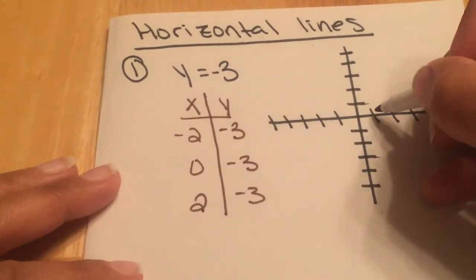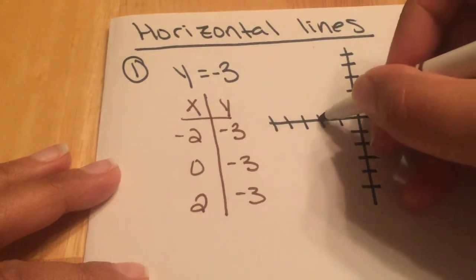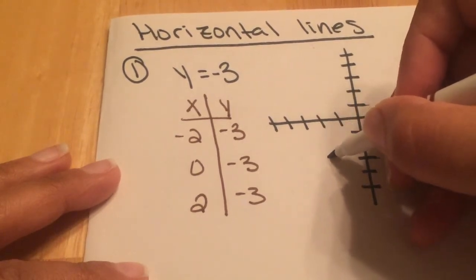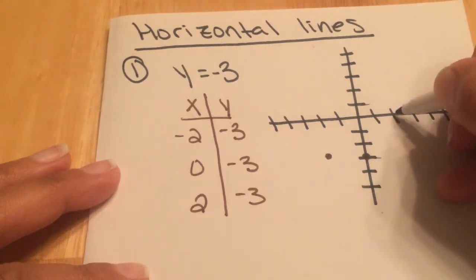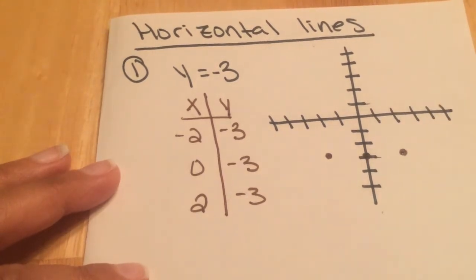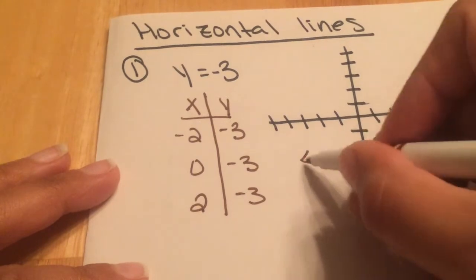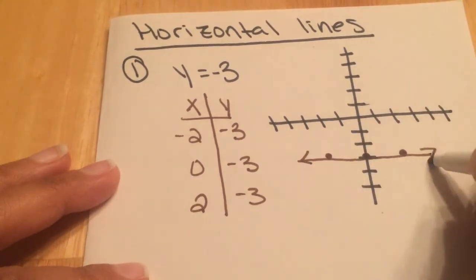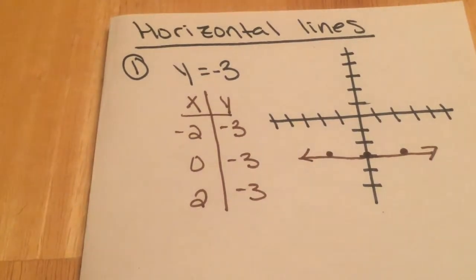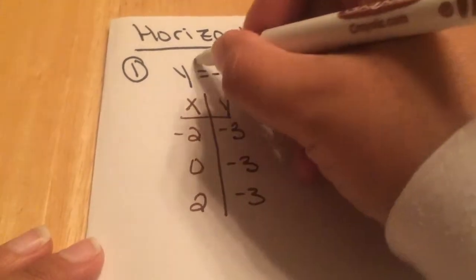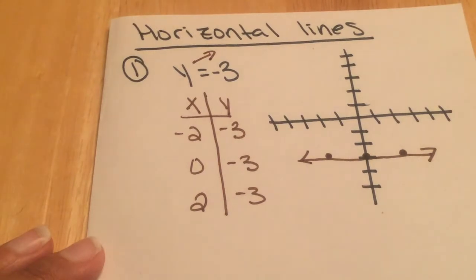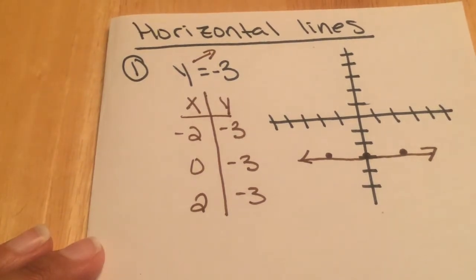So if I go ahead and see x is -2 and -3 and 0 and -3 and 2 and -3, we end up still with a horizontal line. So anytime we see a y equals with no x, we know that that's going to be a horizontal line. And what kind of slope did this have? That's right, a 0 slope.